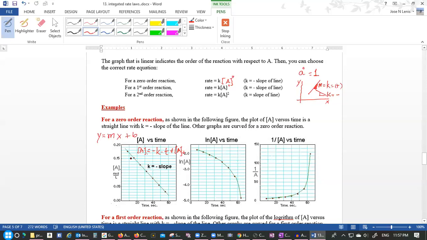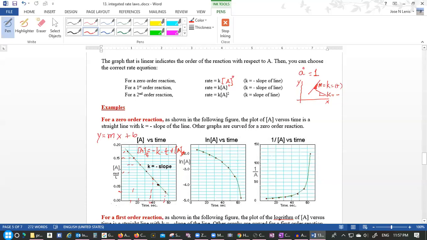And the intercept is the concentration of A at time 0. This is time 0 here. That means every one of these measurements was conducted at different times, different values of concentration of A. So we say this is concentration of A at time t, that means any of these times.